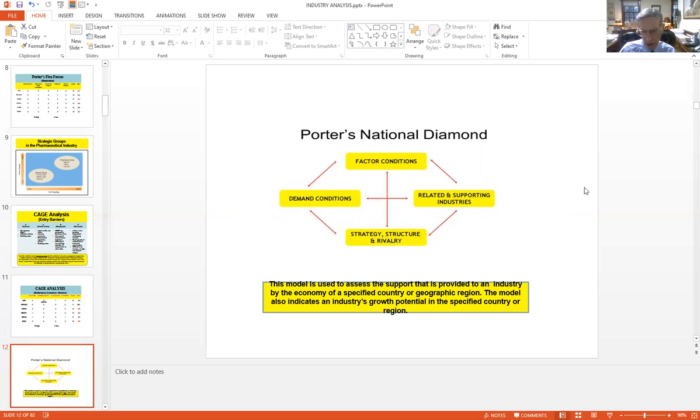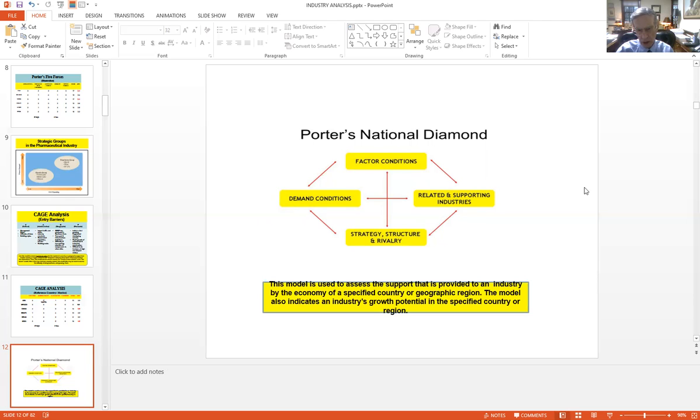In any event, the four elements of the diamond model are factor conditions. Think of factor conditions as the recipe for an industry. So it's the factors of production, including not just labor and materials, but also the infrastructure, the availability of power.